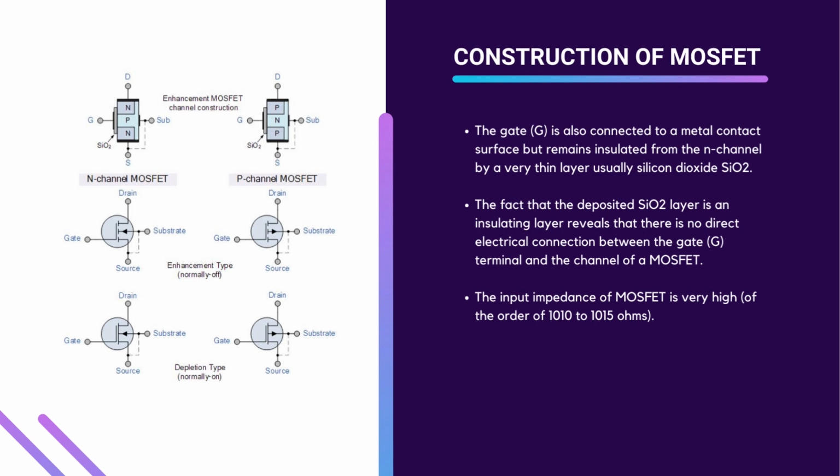The input impedance is very high in the case of a MOSFET. There is no connection between the gate and the channel as it is separated by a silicon dioxide layer. Hence, it has very high input impedance, that is, in the range of 10 to the power of 10 to 10 to the power of 15 ohms.